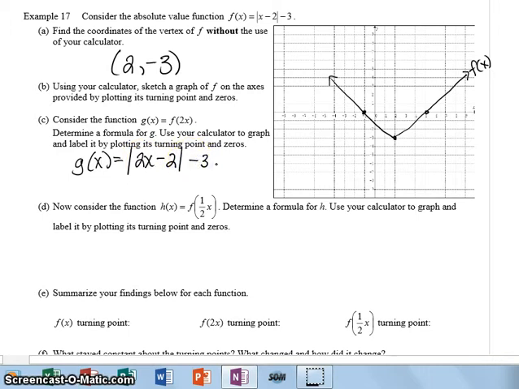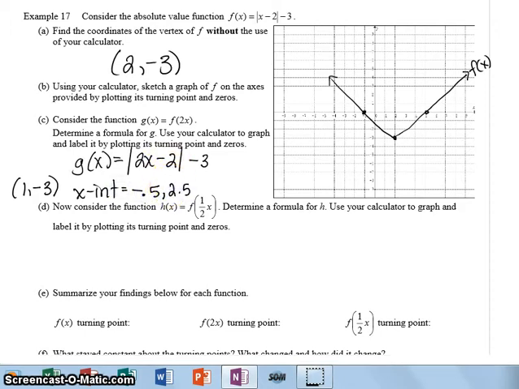Okay, so now I'm going to use my calculator. By using analyze graph, I find that my turning point is at 1, -3, and my x-intercepts, my x, I can't write today, guys, sorry. My x-intercepts are at -1/2 and 2.5.